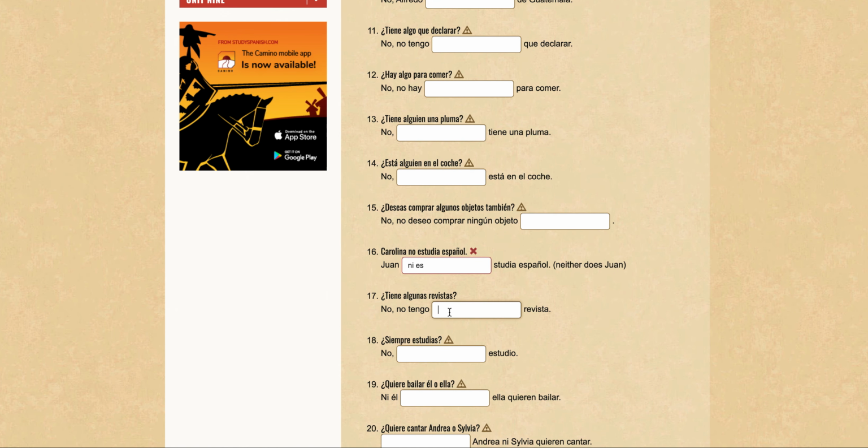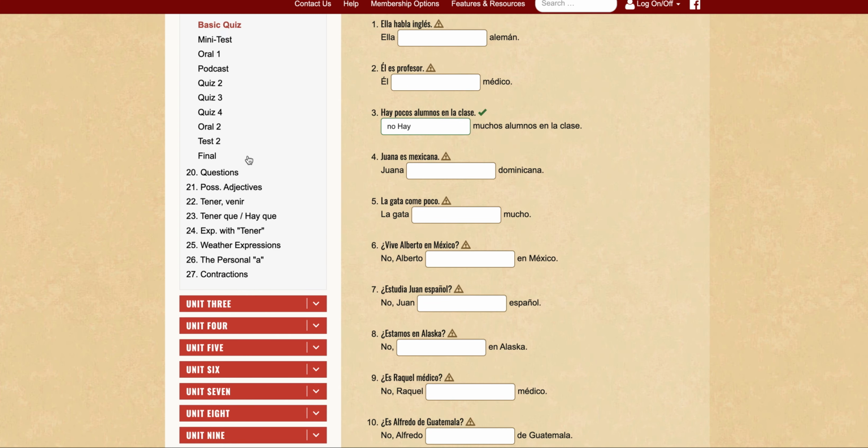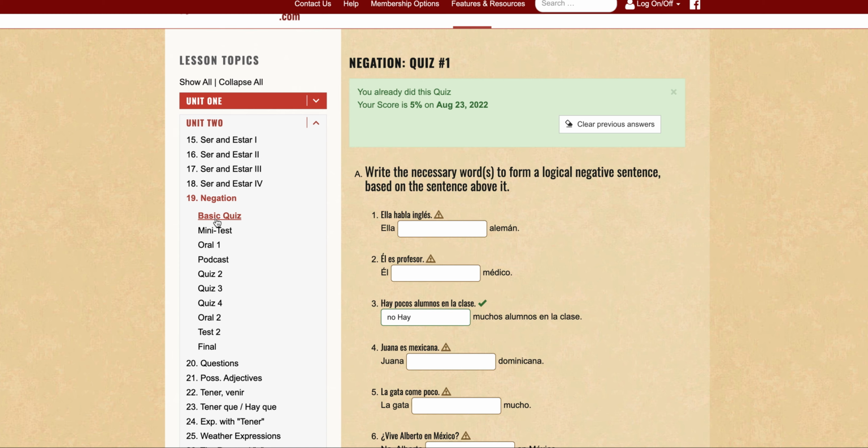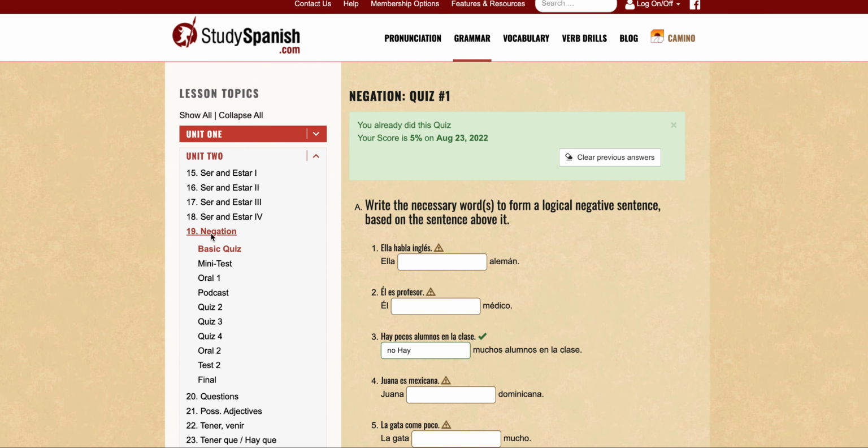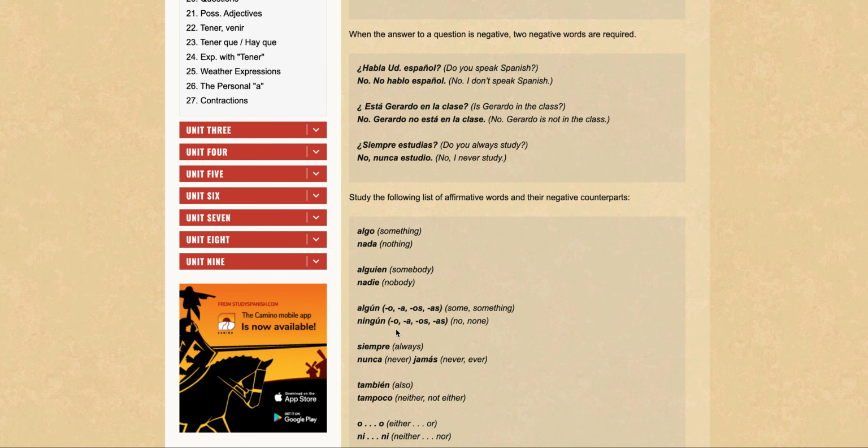So "no tengo ni..." See, "revista" here is singular. So one magazine. "No tengo ninguno." I think it should be "ninguna" because now we're talking as first person. So just thinking about it.